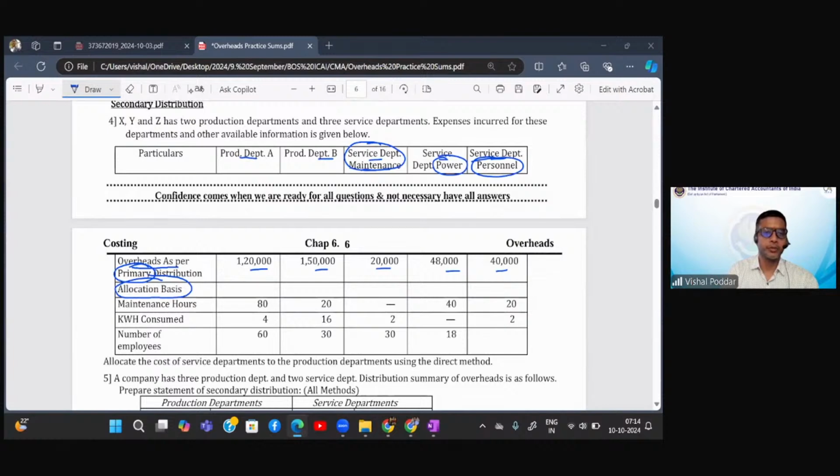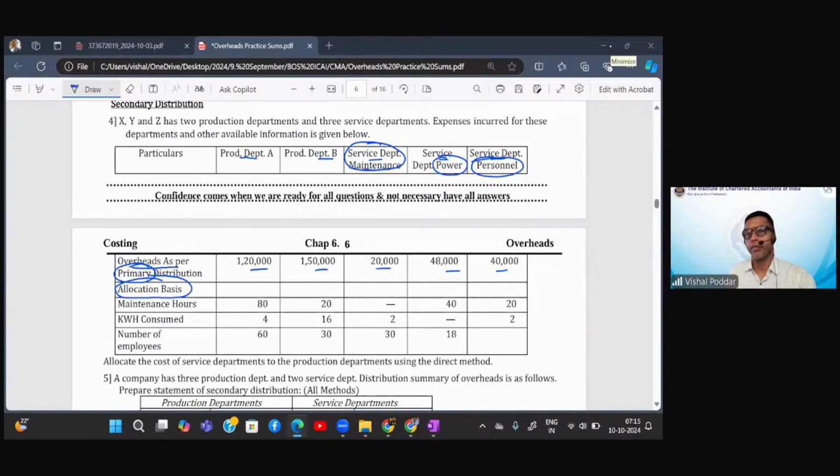Now, please pay attention, students. Why I selected this question? I found this question different from all the other questions in the sense that in this particular case, you are also required to identify what basis you will apply. Means they have not mentioned which department is going to provide what quantum of service to another.